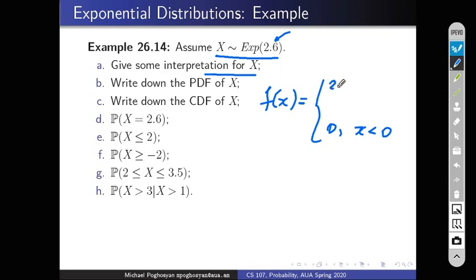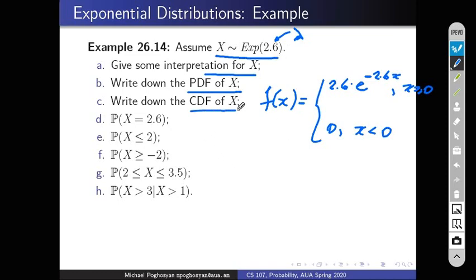Our lambda is 2.6, so 2.6 times e to the minus 2.6x if x is non-negative. So this is the PDF of our exponential 2.6 distribution.